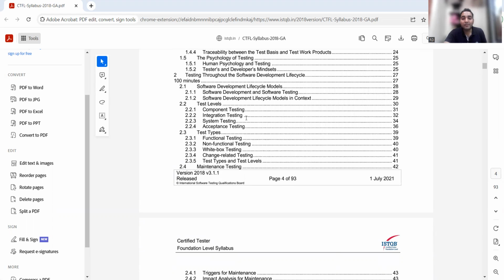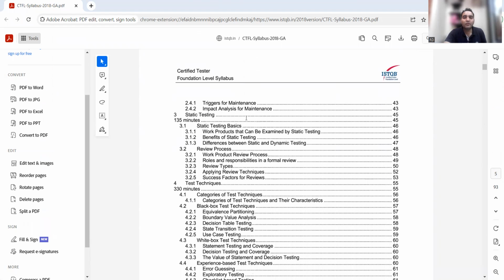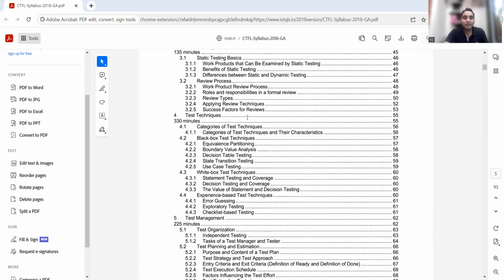Testing types and testing levels. Then techniques of testing, static testing, then what is dynamic testing, test management tools. And when you say techniques, it covers boundary value analysis, equivalence partitioning, decision table testing, state transition testing, use case testing. All these things are covered.